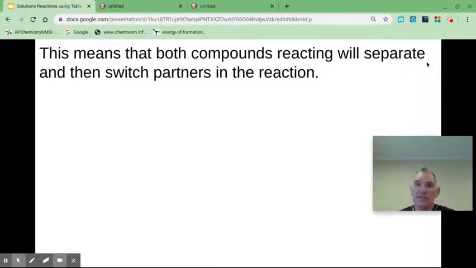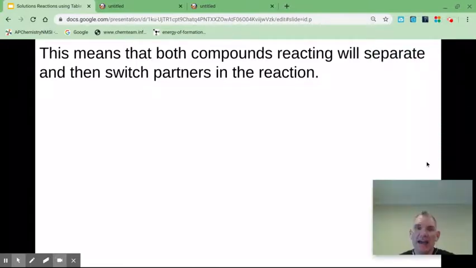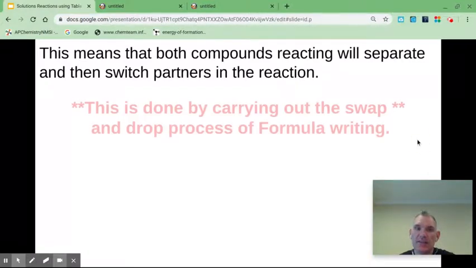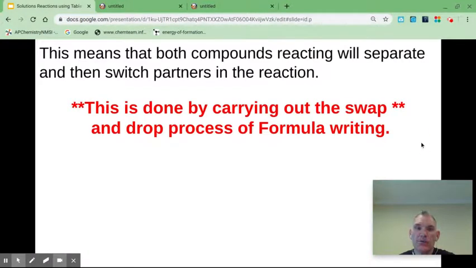Now, in order to do this correctly, we have to know how the switching partners is going to take place. And this is going to incorporate our formula writing, which you might have forgotten how to do. So we're going to go slowly as we proceed to make this process clear.